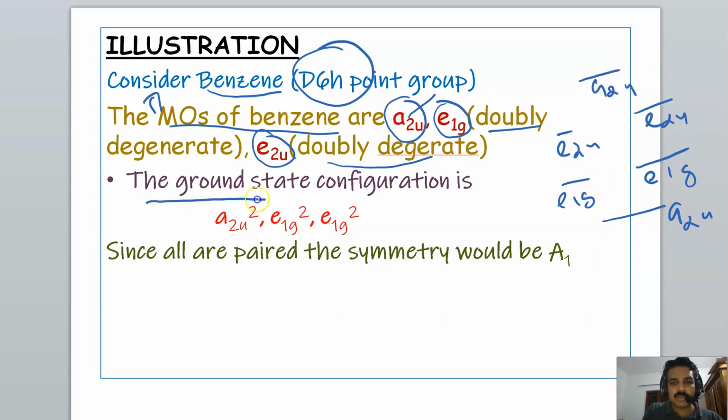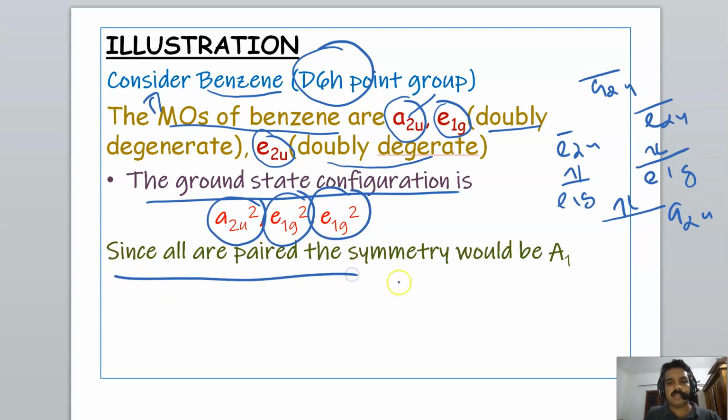The ground state configuration has 6 pi electrons occupied like this: A2u2, E1g2, E1g2. Since all the electrons are paired, the symmetry would be A1.